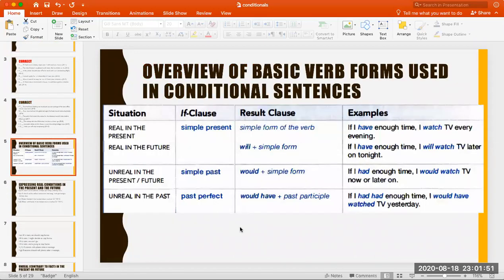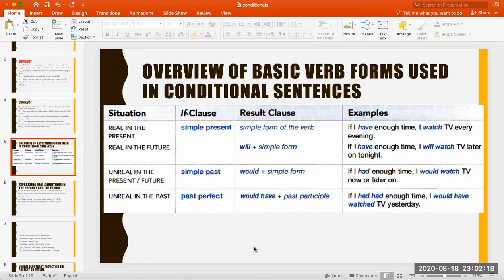So basically, there are three major things to talk about when we speak about conditionals. There are several forms of the conditional sentences, but the most commonly used forms are the following. Number one, the real present or real future, where real means that it's possible and likely to happen.